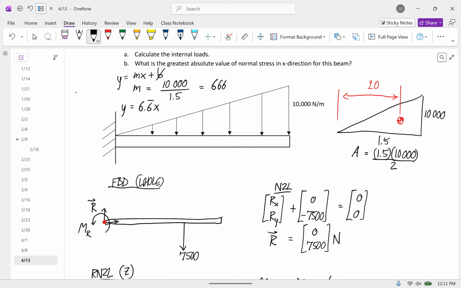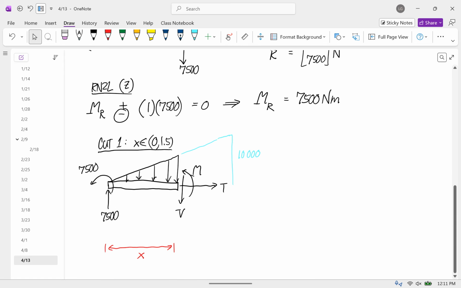So the function for that line is 6,666.6 repeating times x. And so that's what the height of this distributed load is at this right end at the value x.